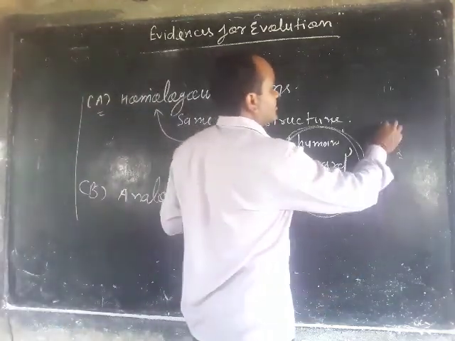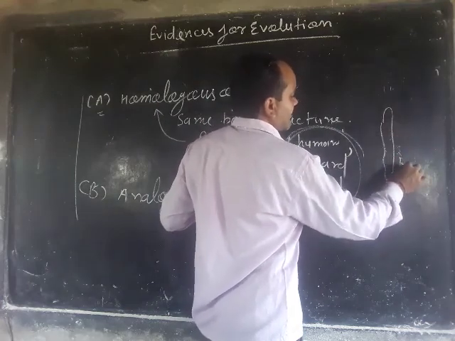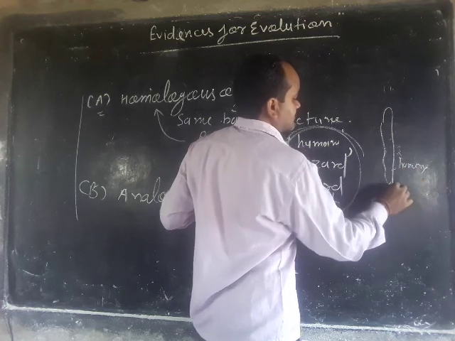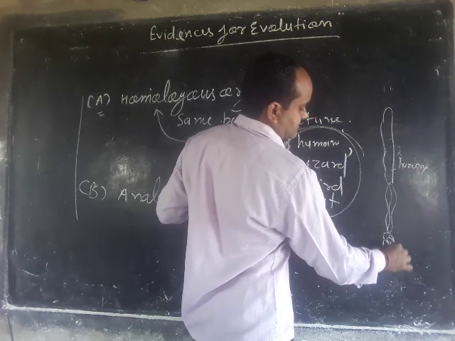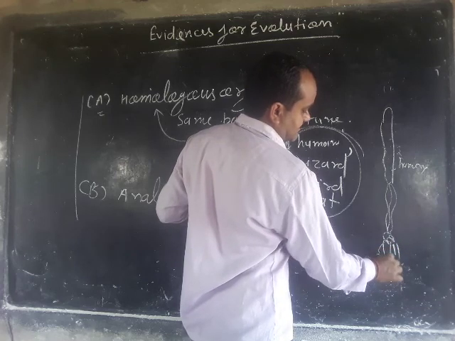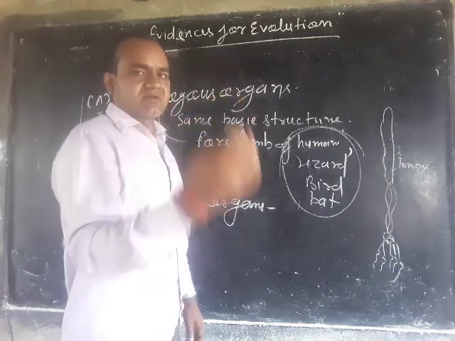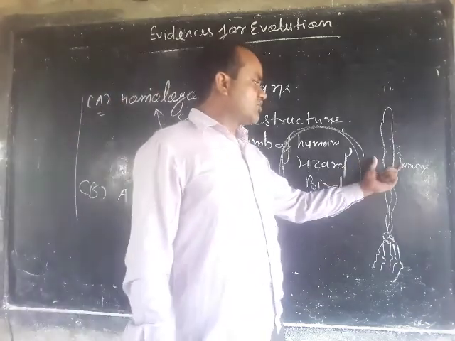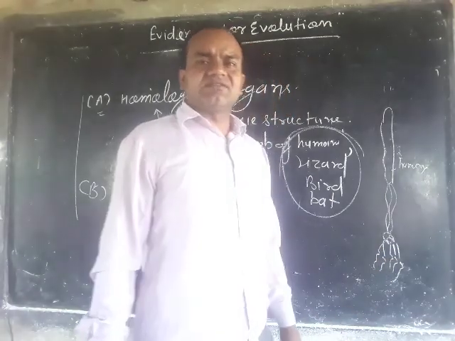In human beings, the forelimb is made up of the humerus, radius, ulna, carpals, metacarpals, and phalanges.